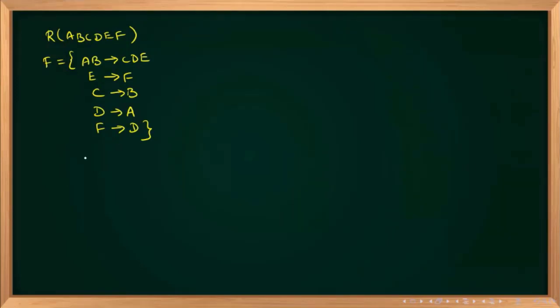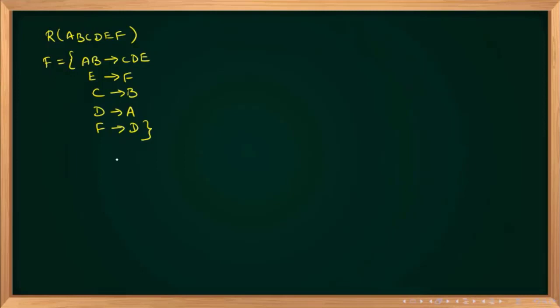Nitin Dominic is saying 4 candidate keys. Anybody else? A, B, A, C, D, B, F. Beena Kurian is saying 5 candidate keys. Vishnu is saying 5 candidate keys.